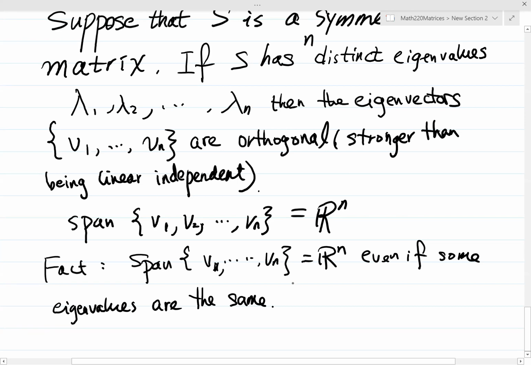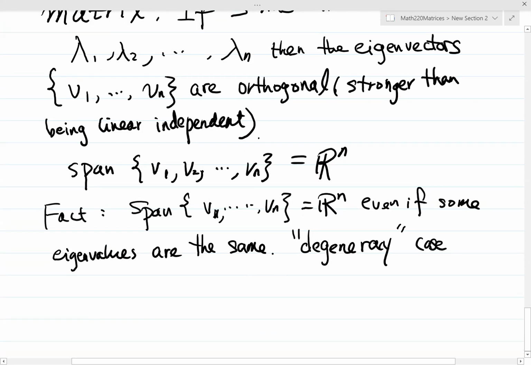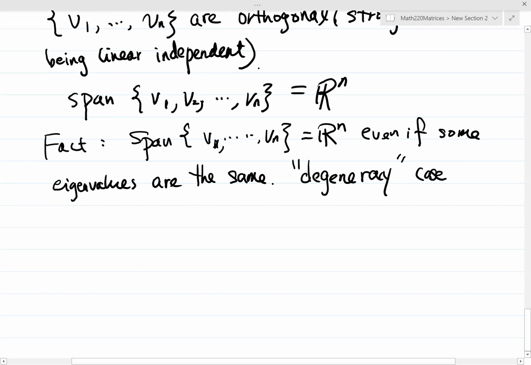You often see the word degeneracy for this case, where certain eigenvalues reduce to one eigenvalue. This fact we will not prove. It's out of scope of this course.